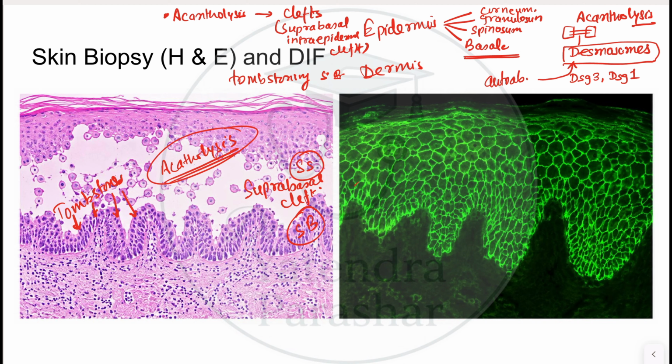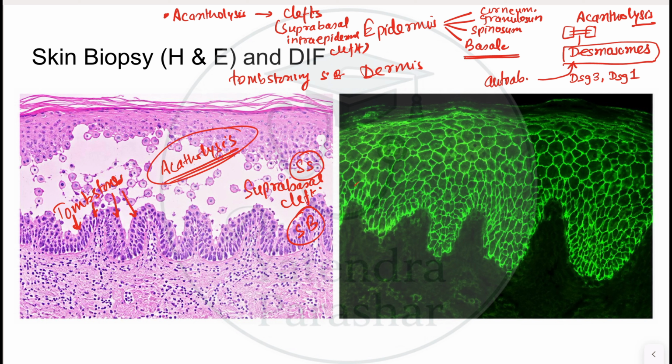So on H&E we can see these things, and grossly this cleft appears as a blister when fluid accumulates inside the clefts. And come to the second image, which is the direct immunofluorescence image.